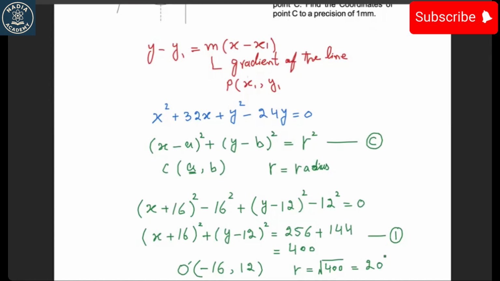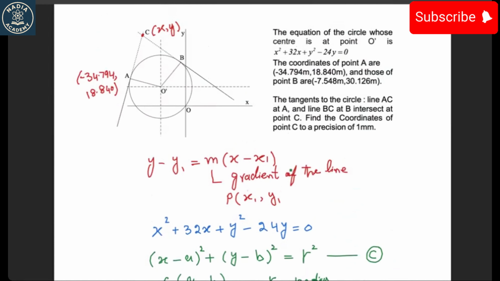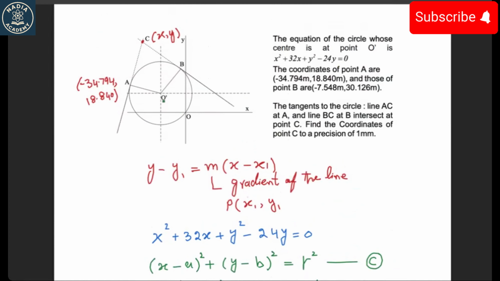So these coordinates are given in meters, then it means this radius is 20 meters. This is the value of the radius. Now we also know the coordinates of the center: the x coordinate is negative 16, and the y coordinate is 12.